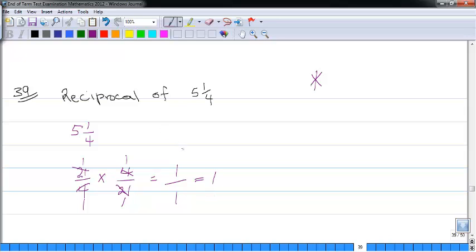So this holds true to our rule, which says that the number, when multiplied by its reciprocal, will result in a product of 1. So 4 over 21 is the reciprocal for 5 1/4, and that answer is B.